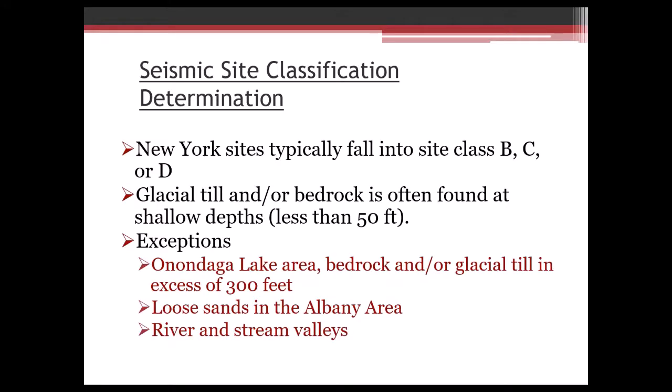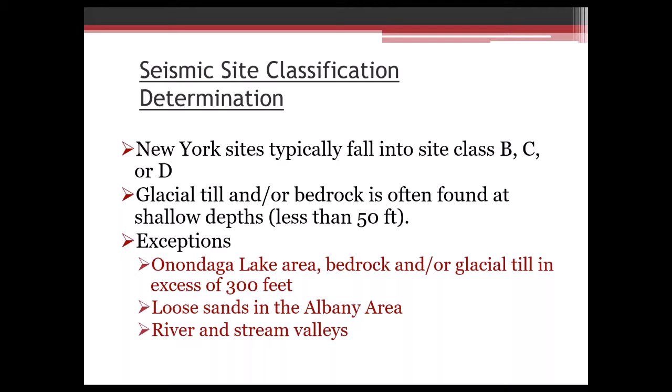New York State sites typically fall into site classes B, C, and D. Generally, we have glacial till and bedrock at shallow depths, generally less than 50 feet. That's not always the case. There are definitely some exceptions. In the Onondaga Lake area in central New York and the Syracuse area, we've drilled to find the bedrock there, and it's in excess of 300 feet.